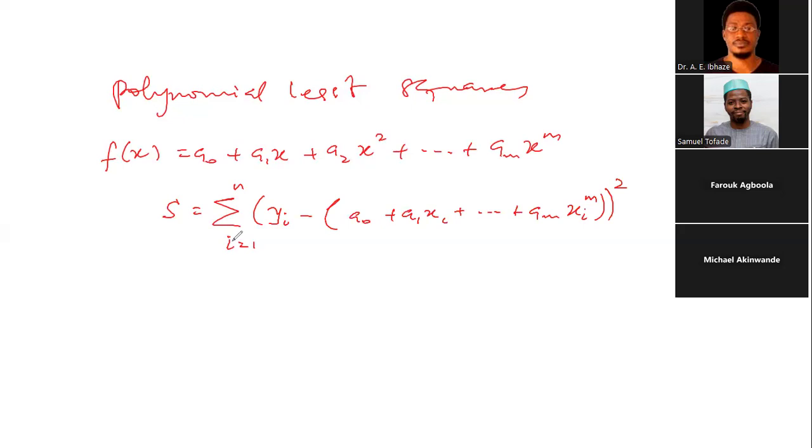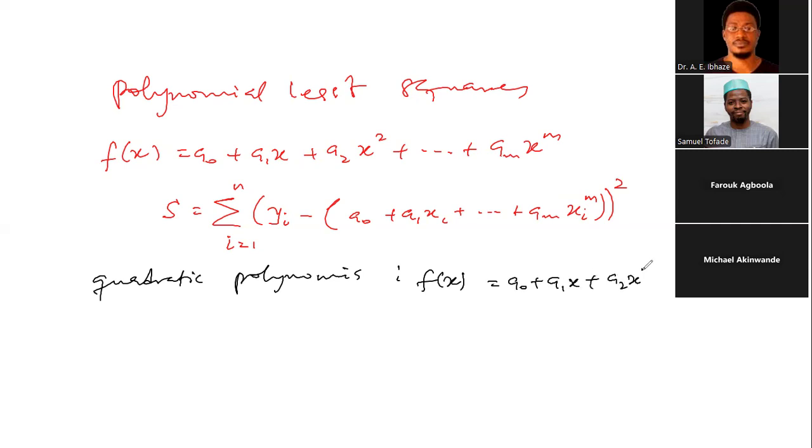So we can literally perform the same thing. Let's assume we want to perform a quadratic polynomial. If we want to resolve the problem for a quadratic polynomial, it means that this function f of x is going to be a0 plus a1x plus a2x squared.